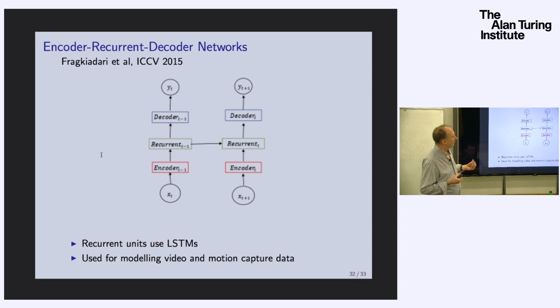If we have that kind of motion capture data, we might want to model that, and we can think about, again, having some sort of mapping from the x's, the inputs, to some recurrent state, and then that recurrent state evolving in time under some learned dynamics, and then also emitting y's, which might just be x of t plus 1, for example, if you want to train this model.